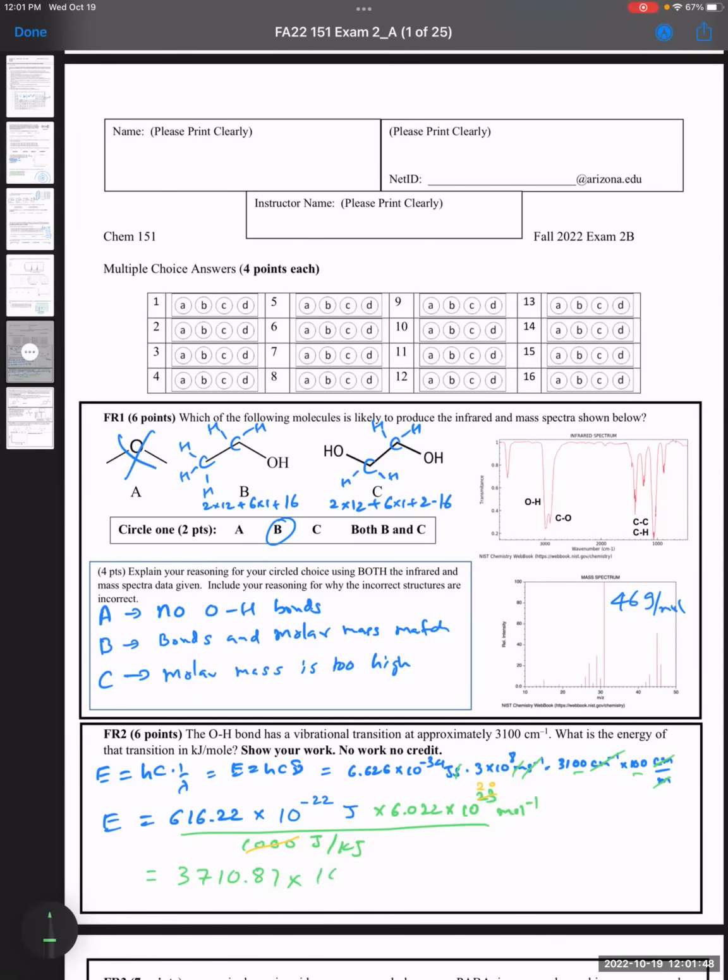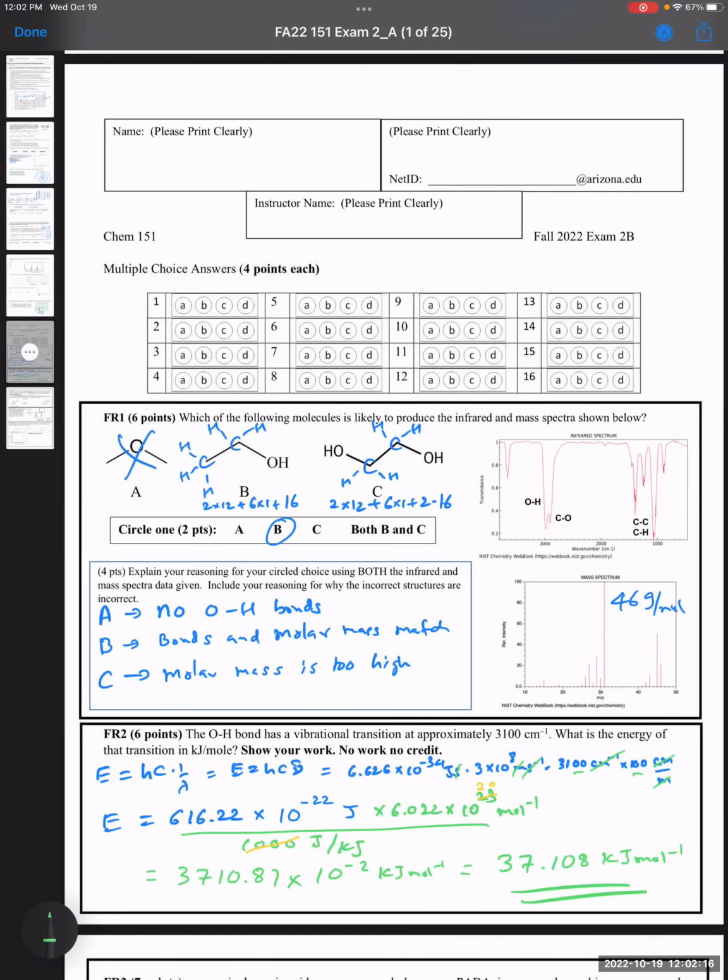And that is 10 to the power of minus 2 kilojoules per mole. Okay, in other words, this should be 37.108 kilojoules per mole. And that's the other way of doing this. Both are valid when you tackle this problem.